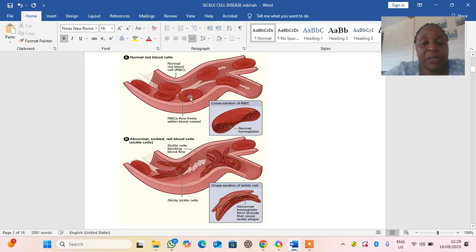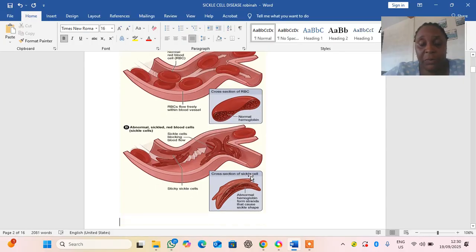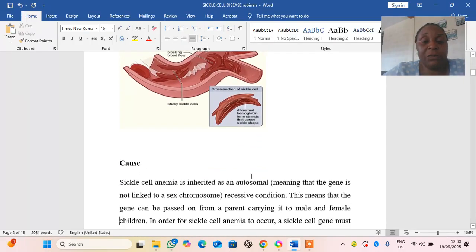But when this cell becomes sickled, it forms a sickle shape. If blood is moving to the peripheries, these sickle cells will cling together, and at the end of the day they will block the vessel. Therefore, blood may be unable to move to the next step. So that is how sickle cell disease is.